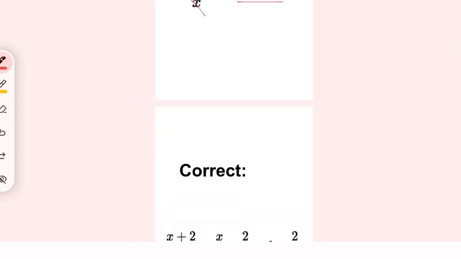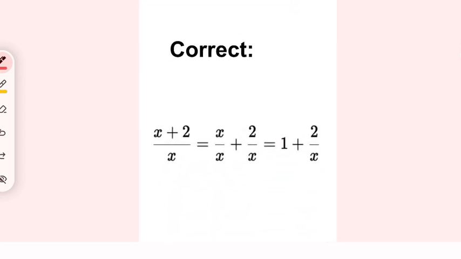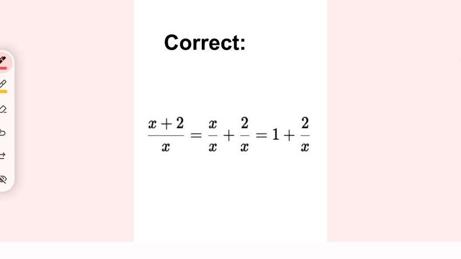So the correct way should be like this. For x plus 2 over x, you can rewrite each one into fractional form. So it would be x divided by x plus 2 over x.